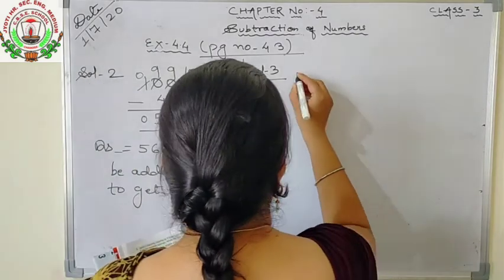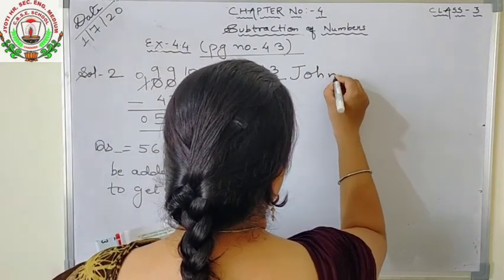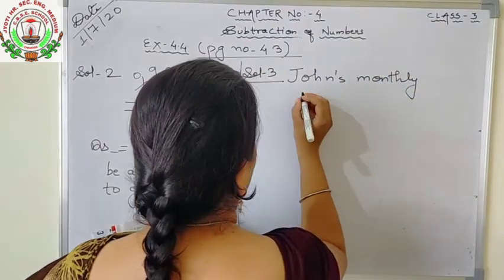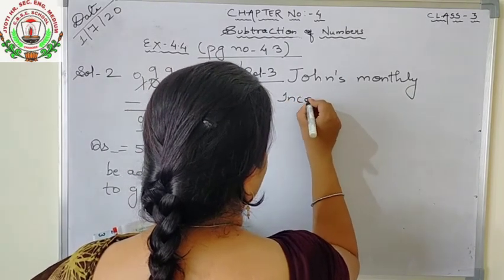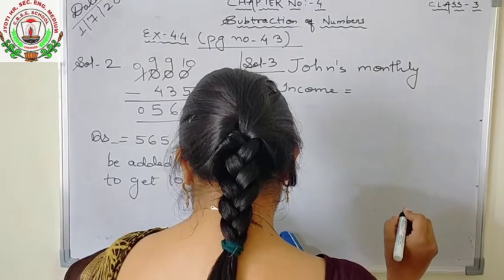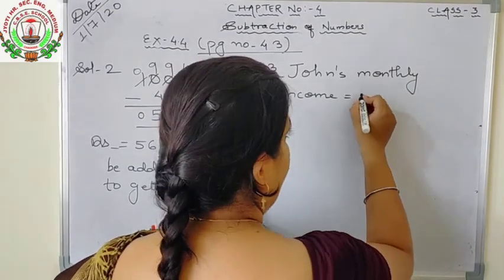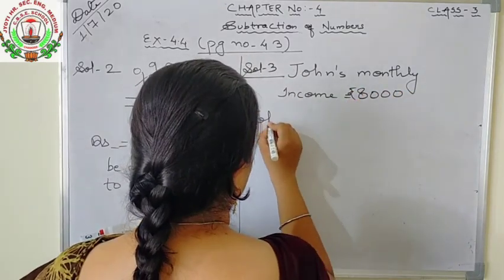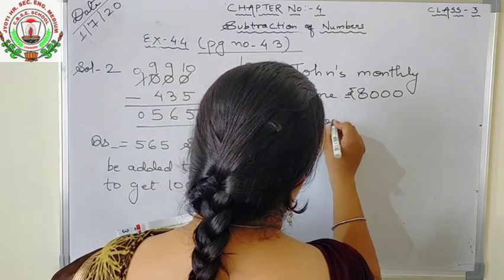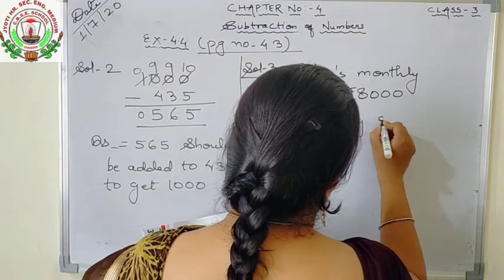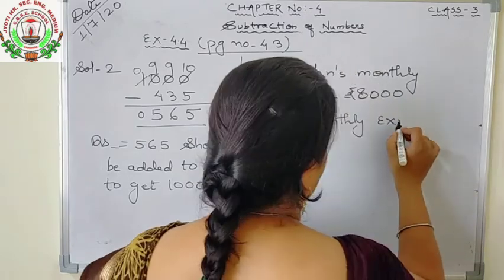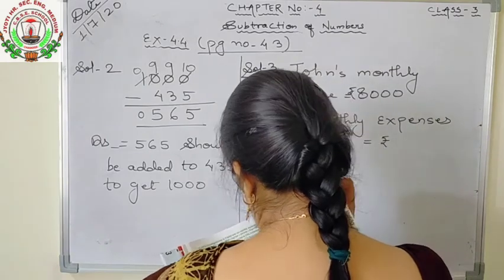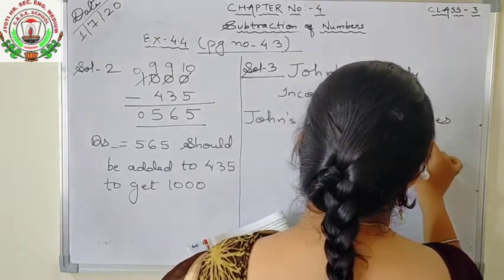First we will write here: John's monthly income is equal to 8,000 rupees, and John's monthly expenses is equal to rupees 4,690.